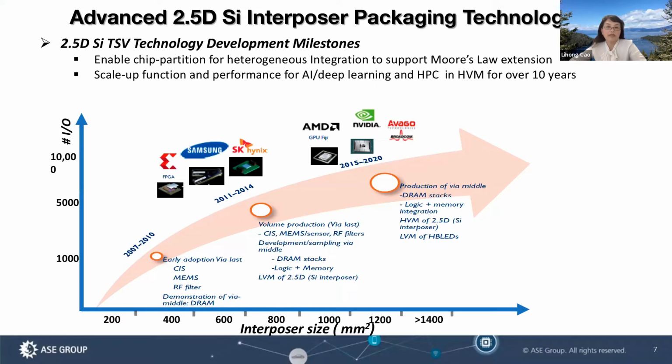With the demands of AI, machine learning and HPC, the interposer size has increased significantly. High cost is the key concern for 2.5D silicon TSV packaging technology.